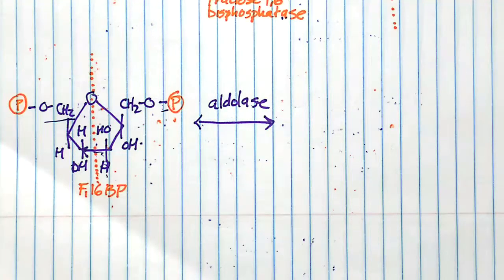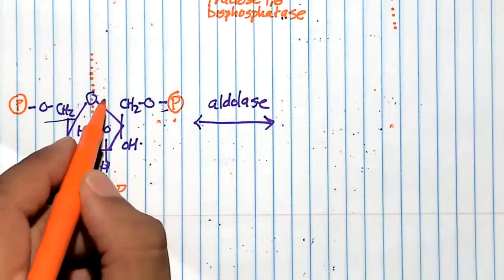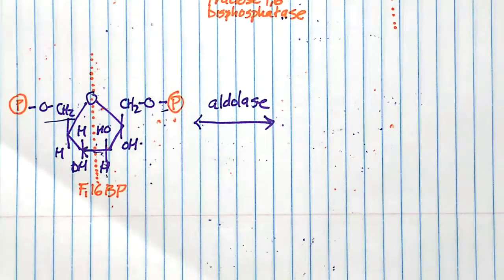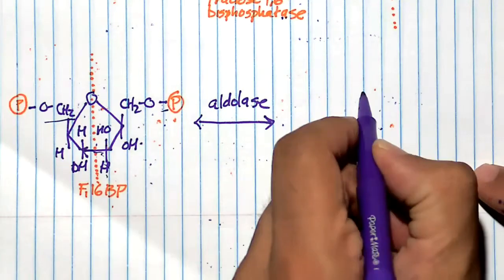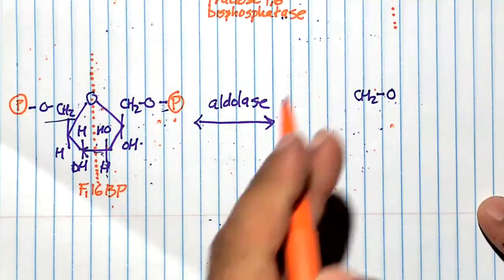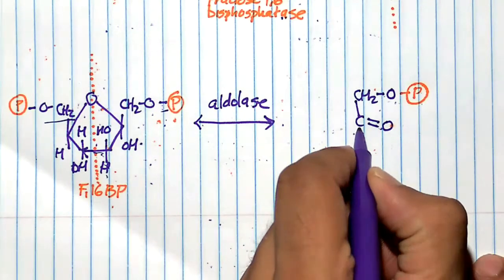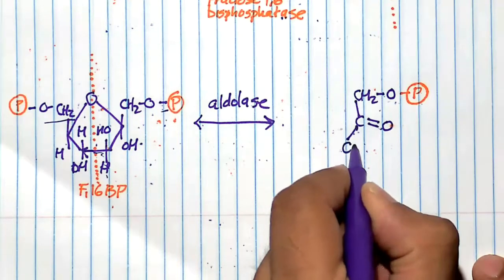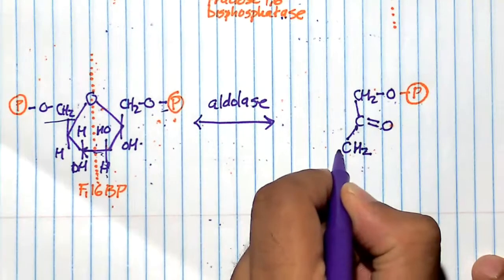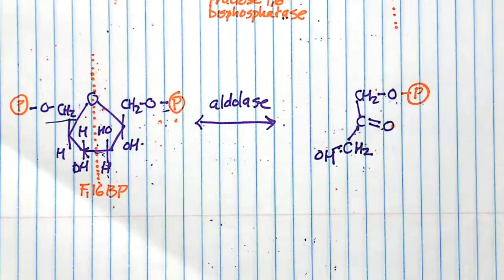So let's draw the structures of these. All right. So let me first draw the structure of dihydroxyacetone phosphate, DHAP. Okay, so here is the CH2, here's my phosphate. Dihydroxyacetone phosphate. So that is going to be the structure of DHAP.